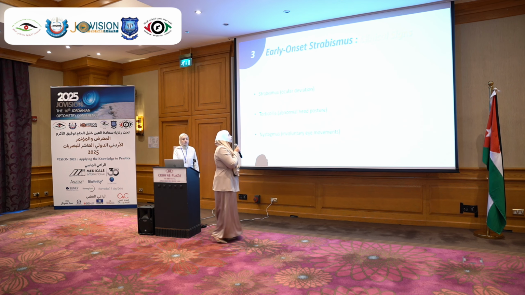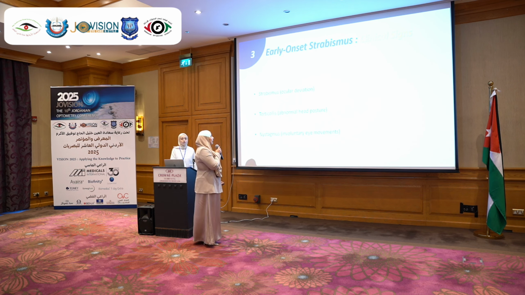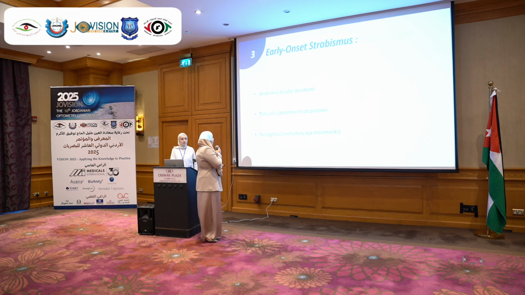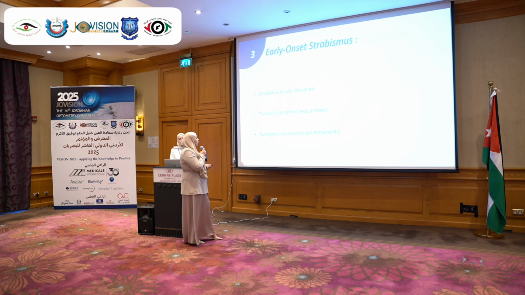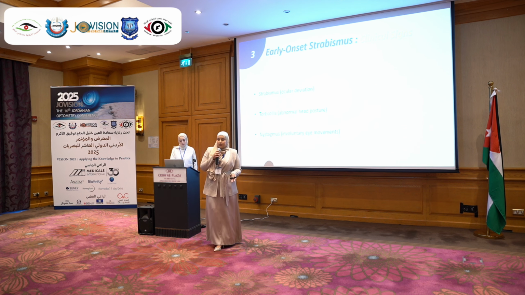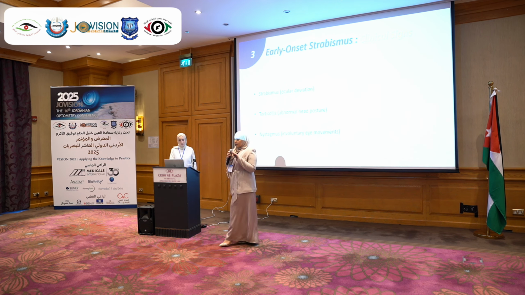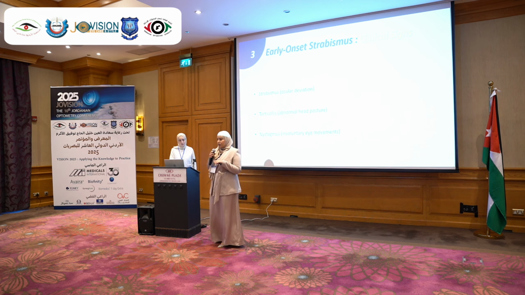Now we pass to the clinical signs and go deeper into this type. We have 3 big signs from which we can understand this type. We have strabismus and its types, which we will go over with you. Torticollis, which is the abnormal head posture that children adopt when they have early esotropia to improve vision and reduce the nystagmus.